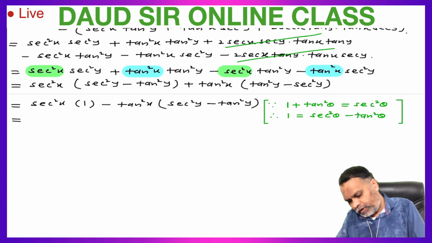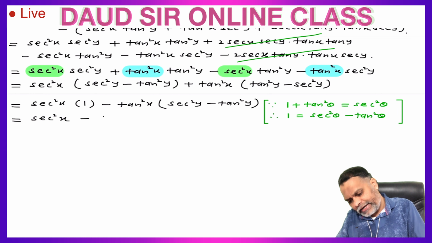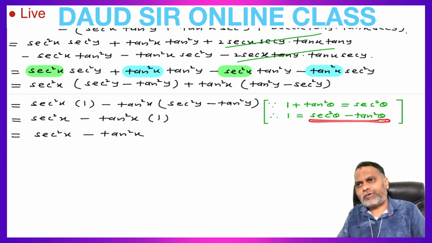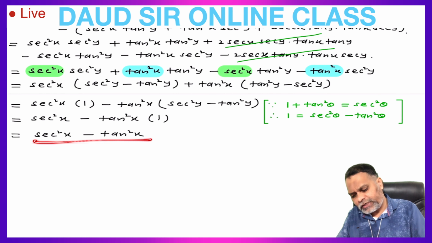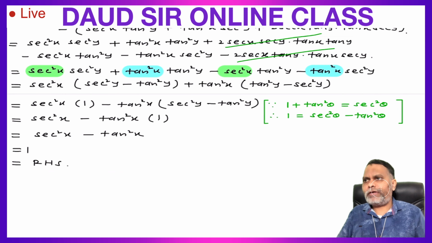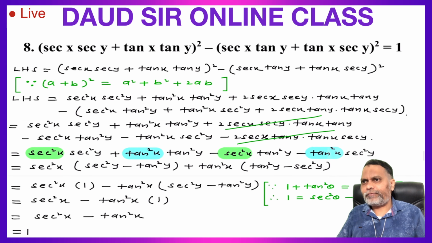So it is equal to sec square x minus tan square x, and this bracket is 1. Again we can apply the same identity, sec square theta minus tan square theta equals 1. So sec square x minus tan square x will become 1, which is our right hand side. In this way we can prove this identity.